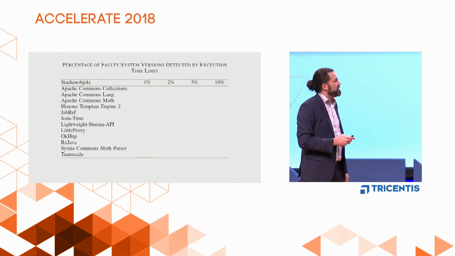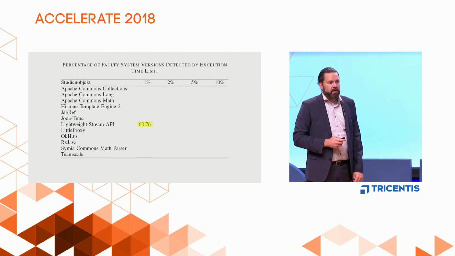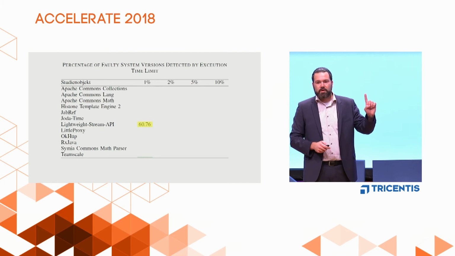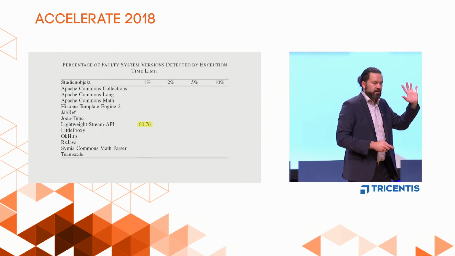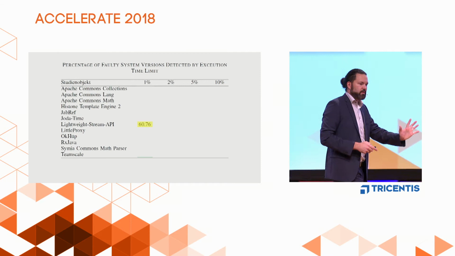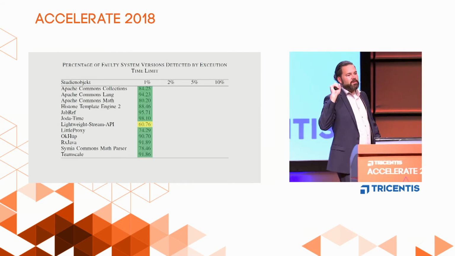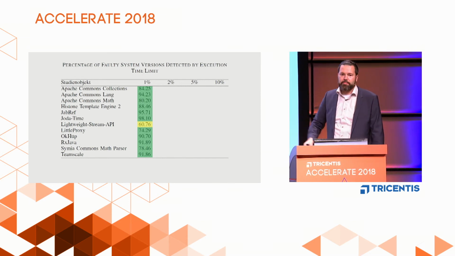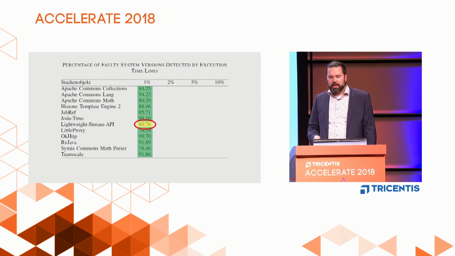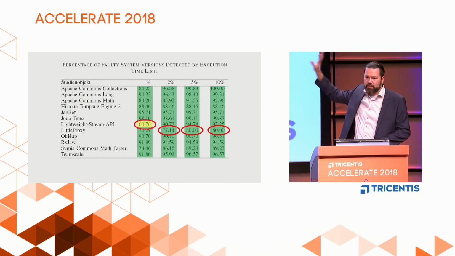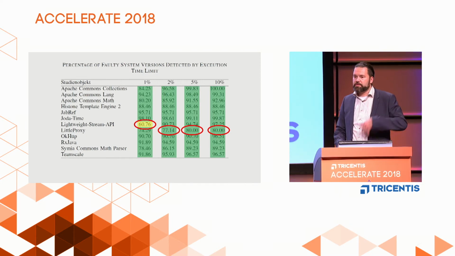And the picture we get here is much more consistent. In the worst case, if we kill test execution after 1% of the time, we found 60% of the candidates that contained a bug. And on average, we already found 80% of the faulty builds in 1% of the time. And if you put in more time here, then obviously the discovery rate increases.